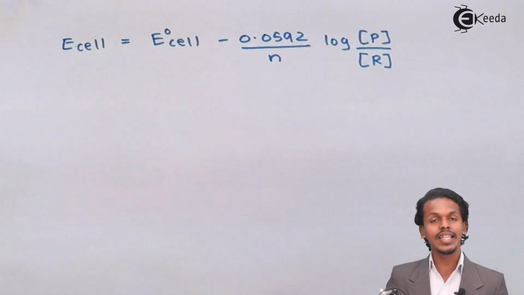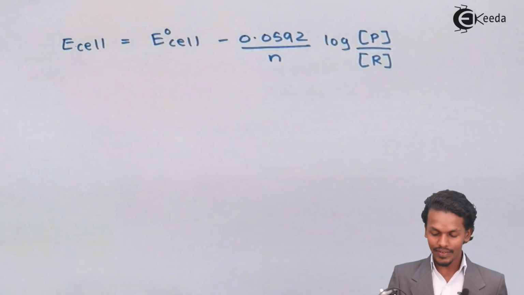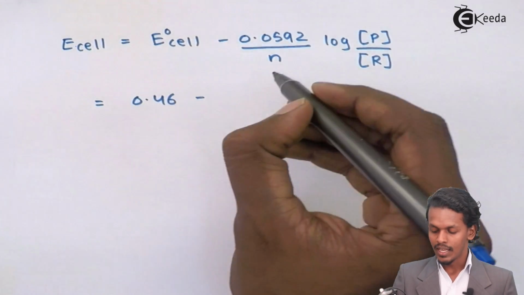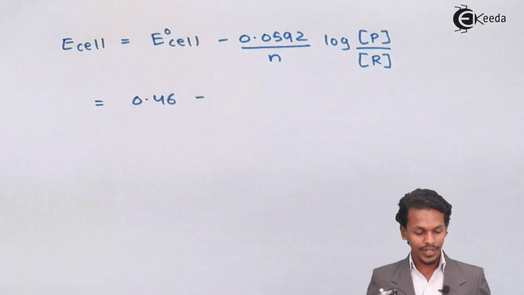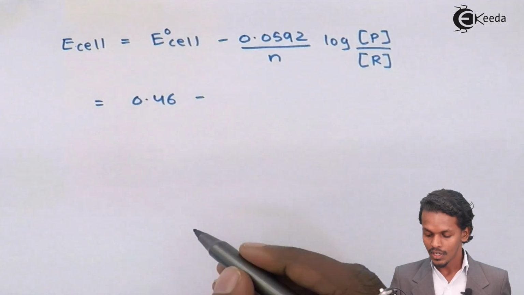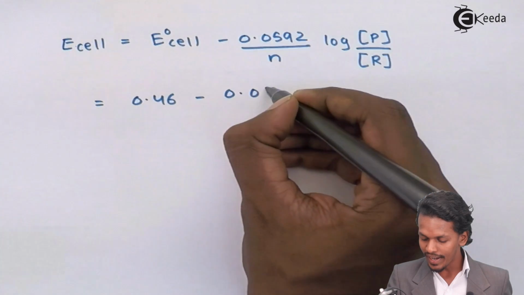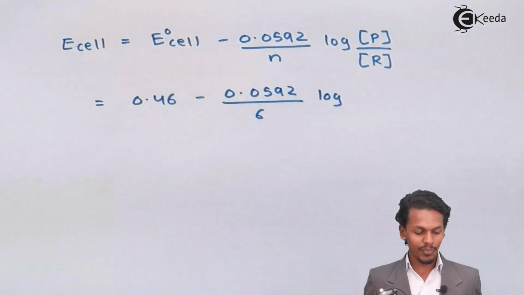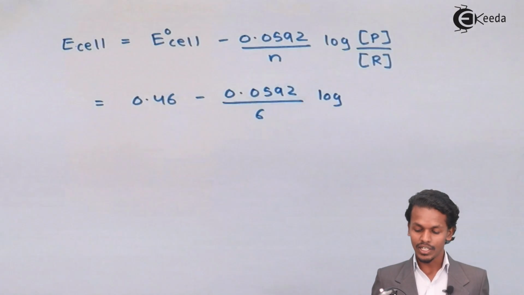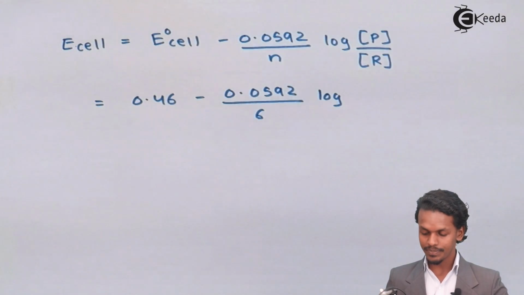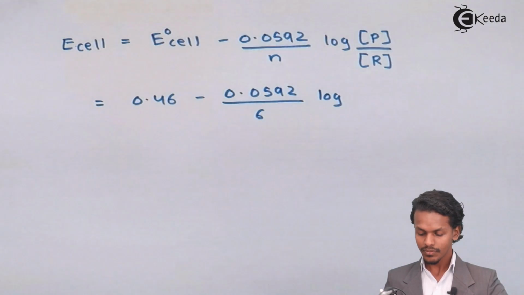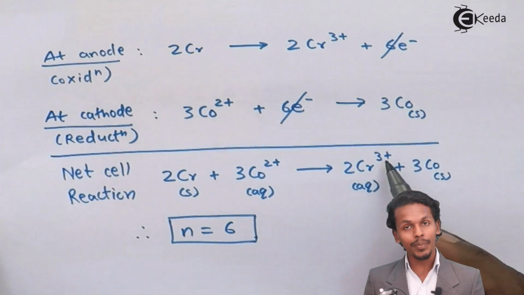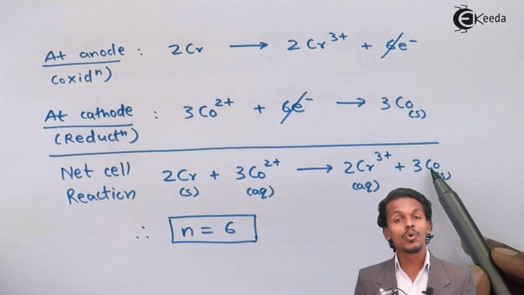In this case, the E0 cell that we have calculated was 0.46 volt. The value of n that we calculated initially was found to be 6. So 0.0592 divided by 6 into log of concentration of product divided by concentration of reactant. The products are 2 moles of Cr3+ and 3 moles of cobalt.